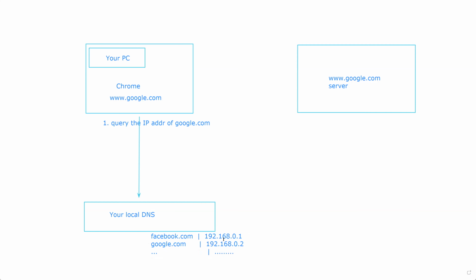So later on, we can use the dig command to do the query by ourselves. So you can see what is the IP address for this kind of website. And after we get the IP address of google.com, then we can start to send the packet to there. So from here to here.